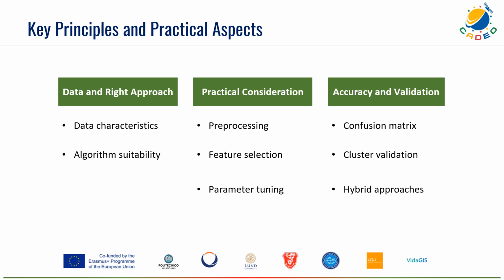Both supervised and unsupervised classification benefit from pre-processing steps such as normalization and noise reduction to enhance the data quality and classification accuracy. Feature selection is about identifying the relevant features, for example spectral bands and textural features, which is crucial in both approaches.